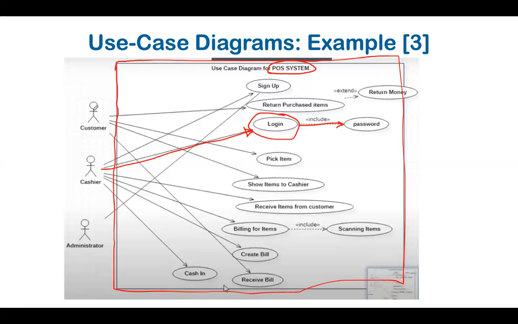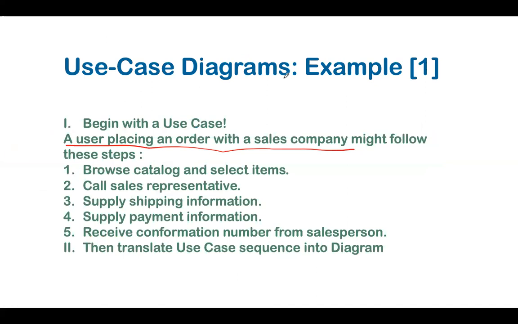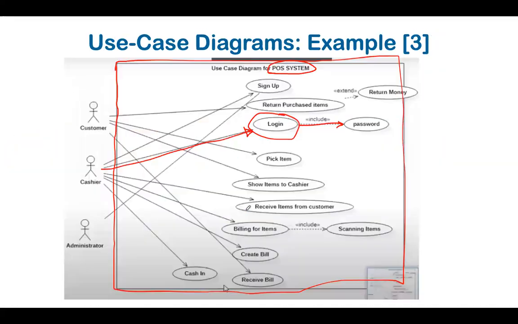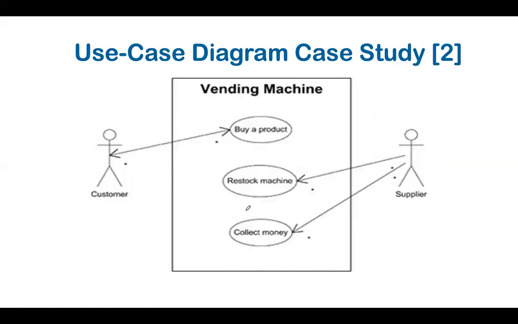So basically, these are relationships, what the different actors can do when it comes to the point of sale system. That is why we just listed them. We get these use cases from the requirements, what a customer is expected to get from the system.